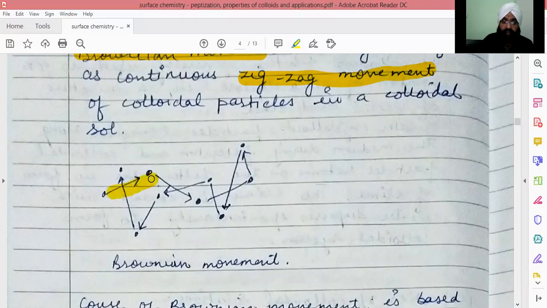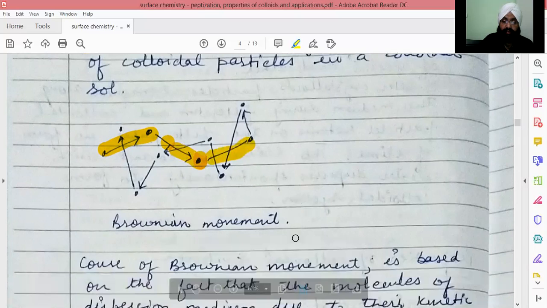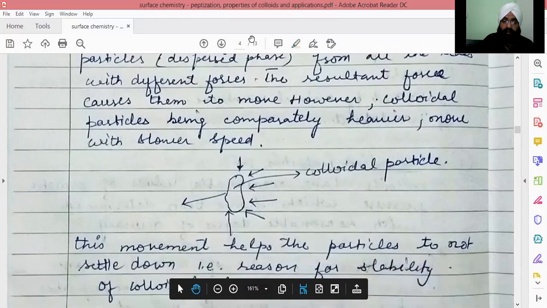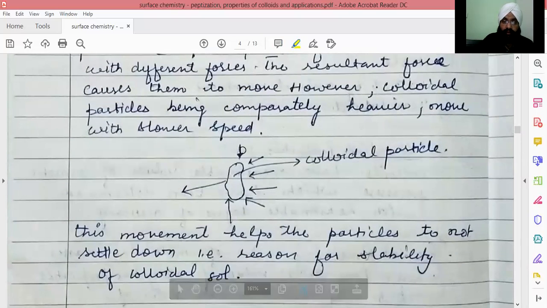So they show zigzag motion, which is a continuous motion, and due to this motion, the stability of the colloid is justified. Now, why is this motion there? Because when the particles are moving, they have imbalanced forces of attractions and repulsions on them of the dispersion medium.